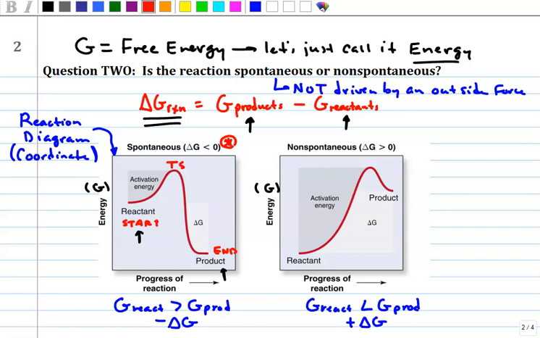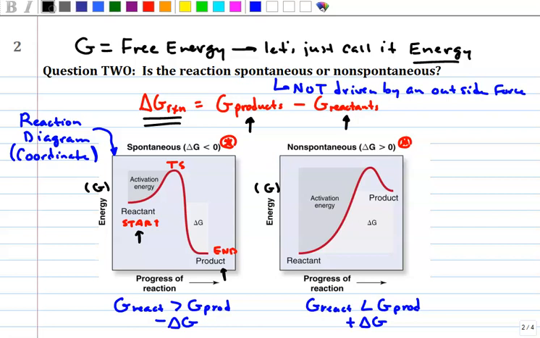And again, the only way you're going to know that is to look at a reaction diagram and note where the reactants and the products are. Let's look at the one on the right. It's non-spontaneous. That is, delta G is greater than 0. The change in free energy of the reaction is greater than 0. How do you know that?